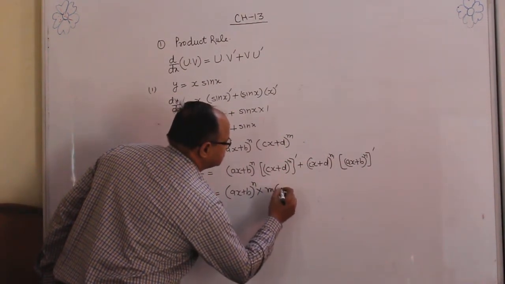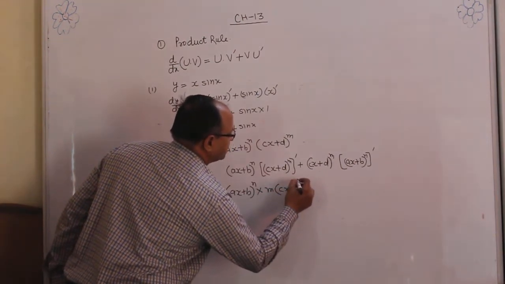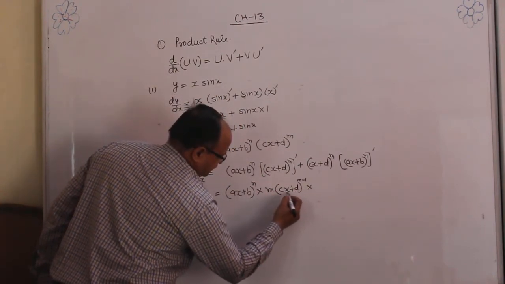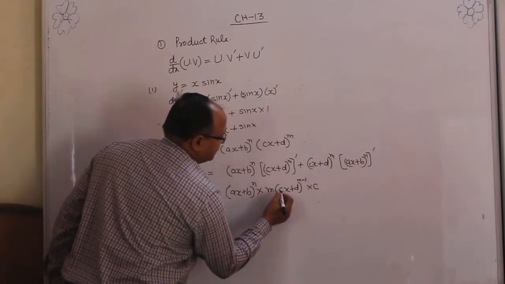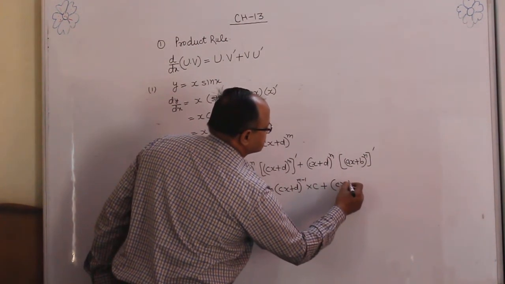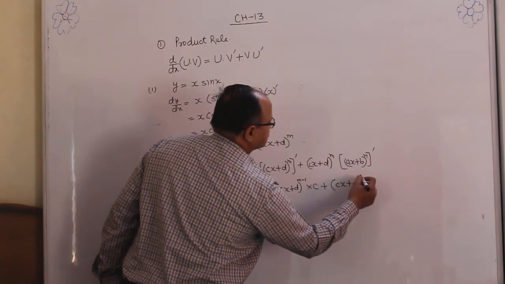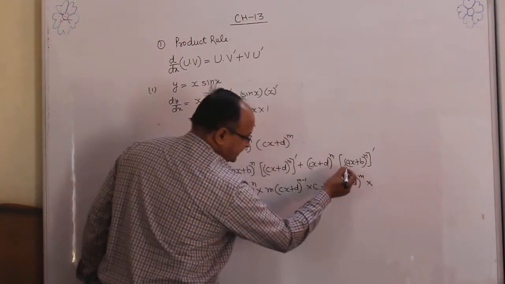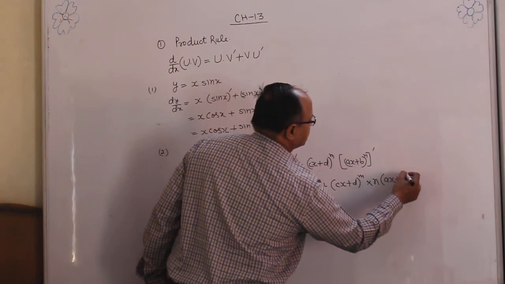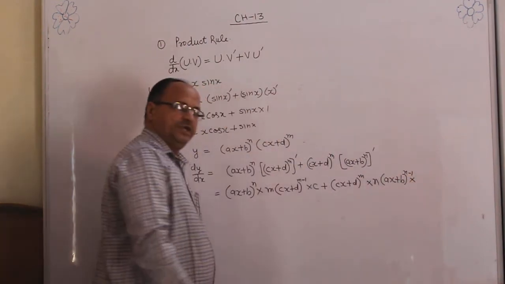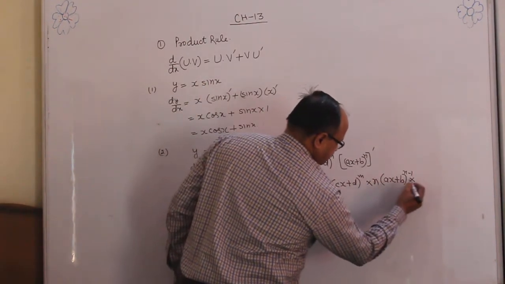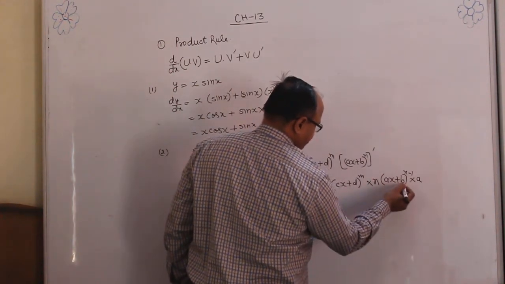You know that it is m (cx plus d) whole to the power m minus 1, and the derivative of cx plus d is c, derivative of cx is c, and the derivative of d is 0. (cx plus d) whole to the power m as it is, and the derivative of this is n (ax plus b) whole to the power n minus 1 into the derivative of ax plus b, derivative of ax is a, and the derivative of b is 0.